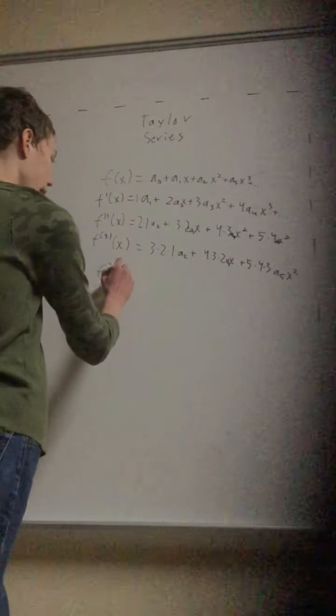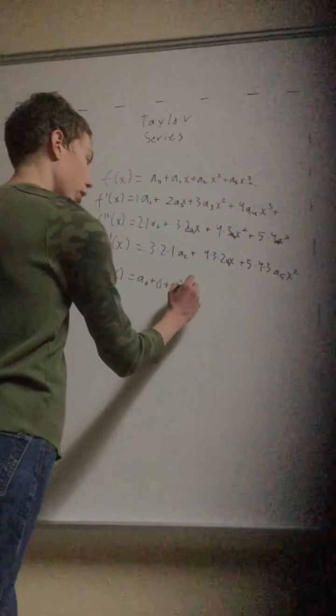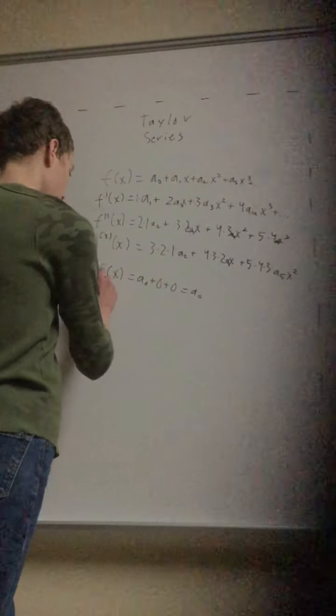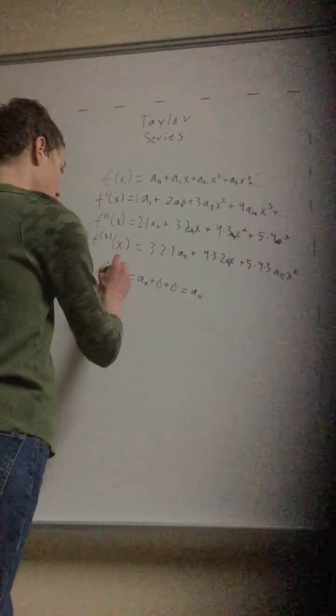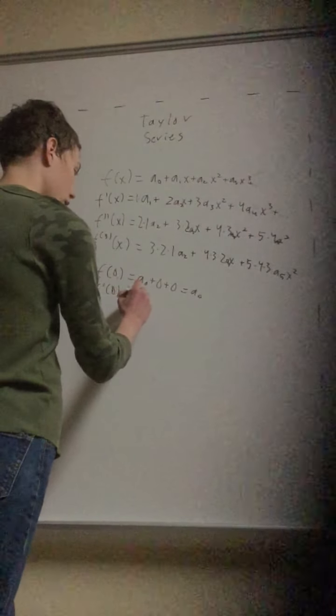In this case, f of 0 is just a0 plus 0 plus 0, or just a0. F prime of 0 is just a1.